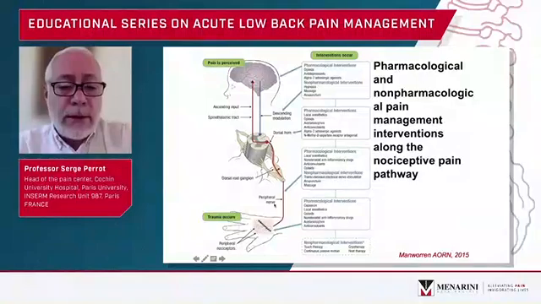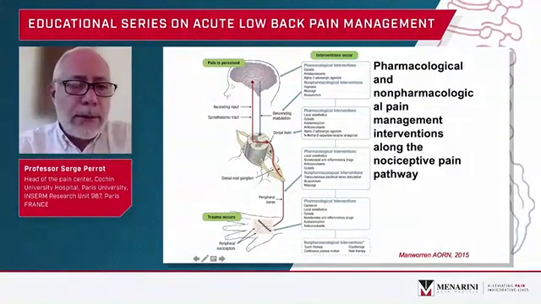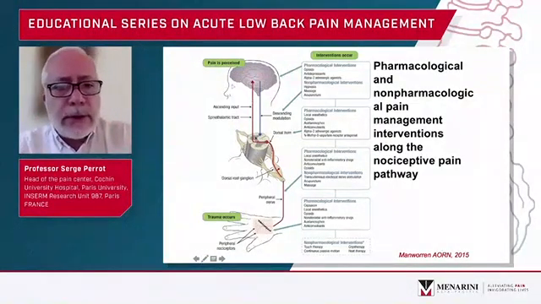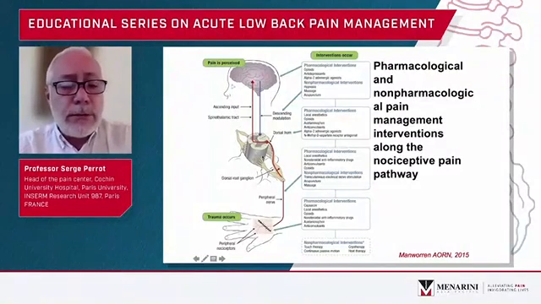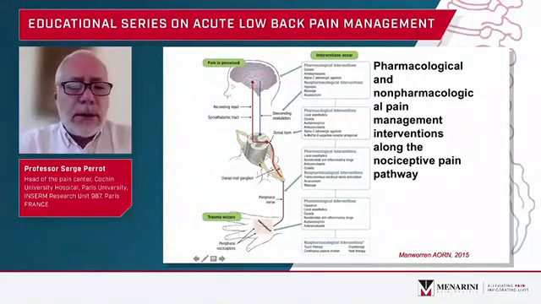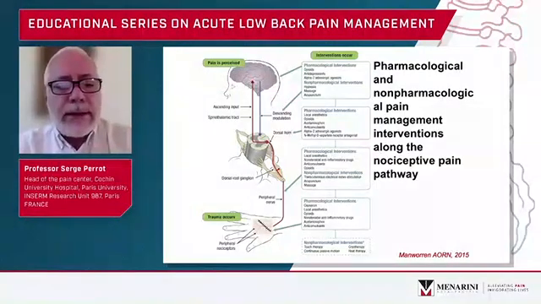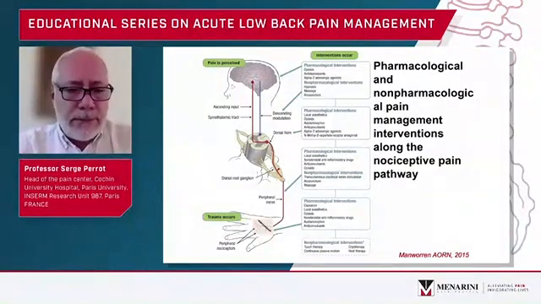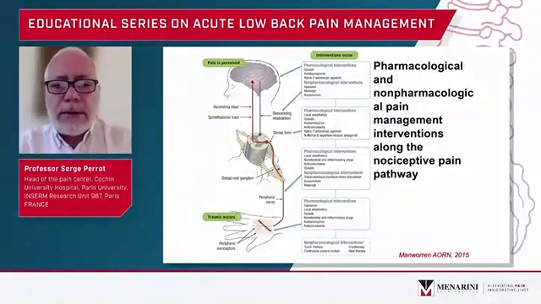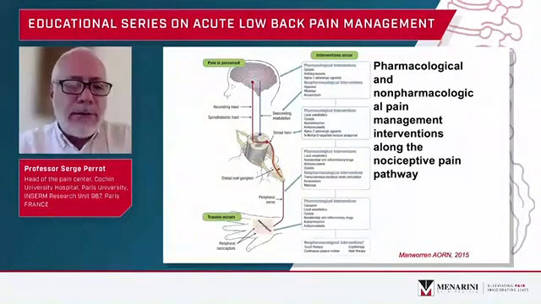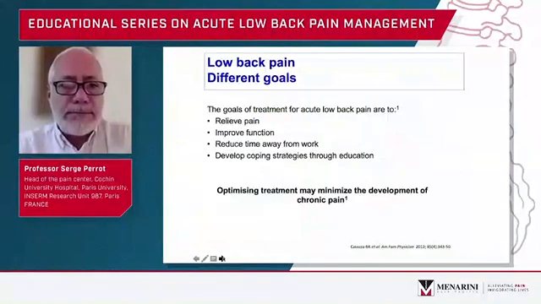So using an NSAID acting mostly on the periphery, combined with a tramadol that is both blocking the ascending inputs and reinforcing descending modulation, gives a treatment that has at least three types of effect in the nociceptive pain pathway that probably will give more effective treatment and more adapted to the pain pathophysiology with different pain mechanisms.